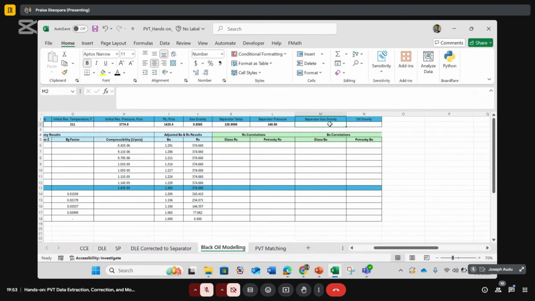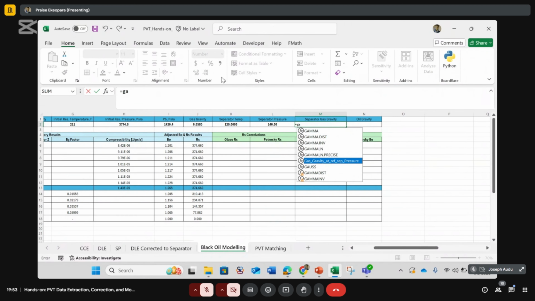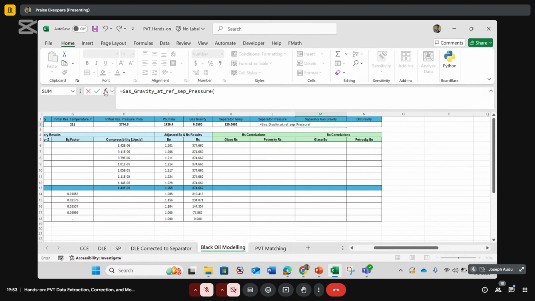How we can go about it is that we just go ahead and open it up.